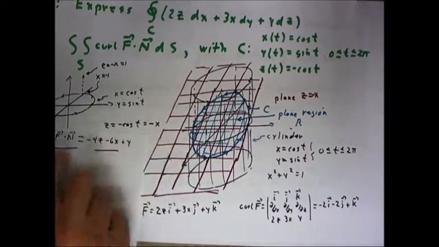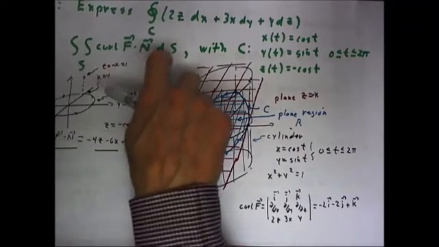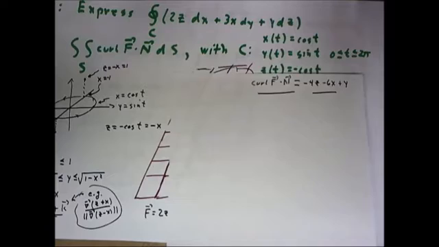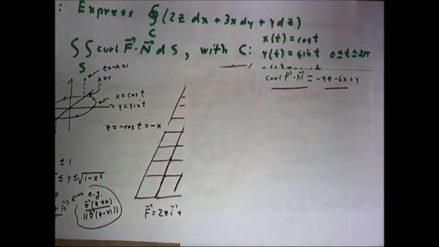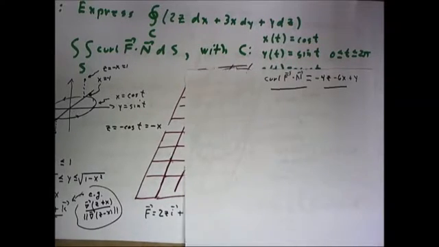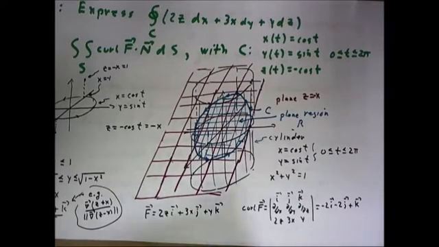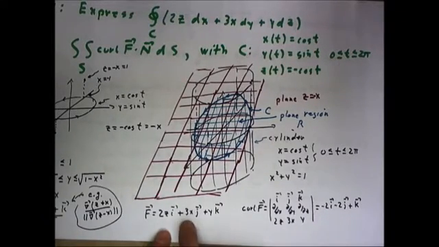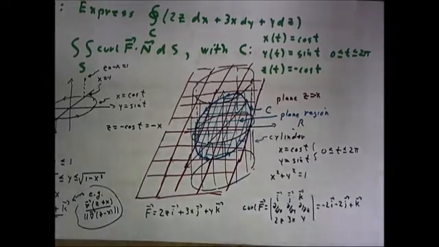So this is the curl of f dot n, the quantity that we're going to integrate over this surface. And again, what's the surface? The surface is given by these inequalities. And back up a minute. I just dotted the curl of f with f, not with n.